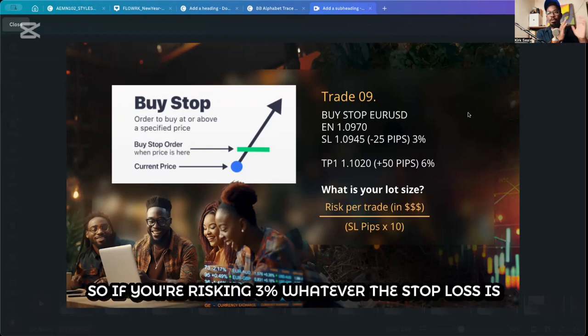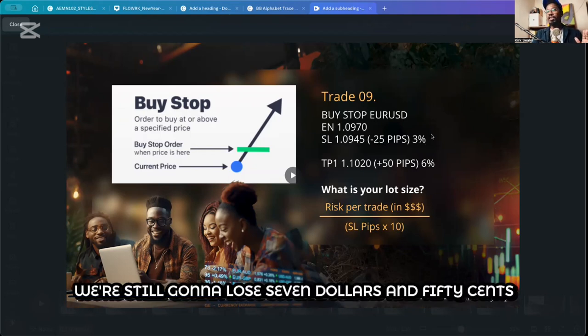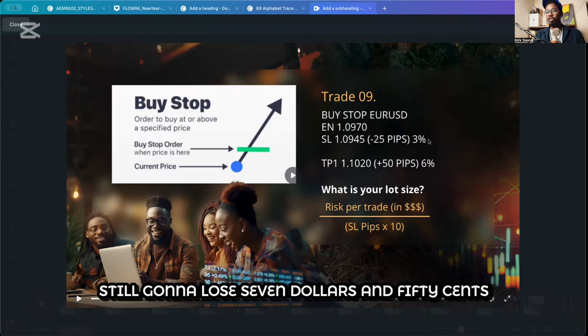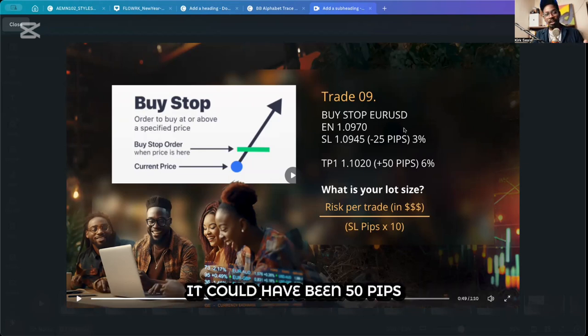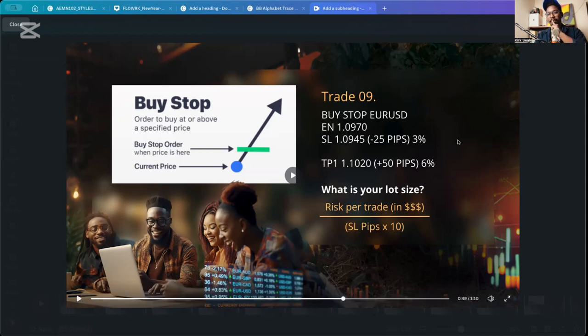If we're risking 3%, this stop loss could have been 10 pips, we're still going to lose $7.50. It could have been 30 pips, still going to lose $7.50. It could have been 50 pips, still losing $7.50.